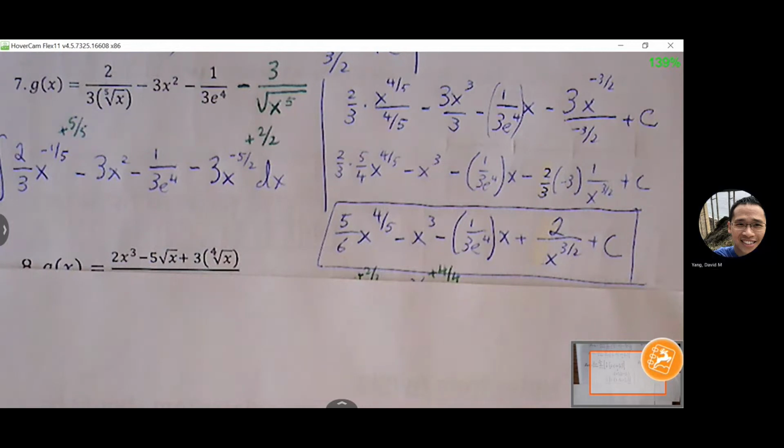Yeah, I skipped a step. You can multiply the two fractions together and then reduce it.